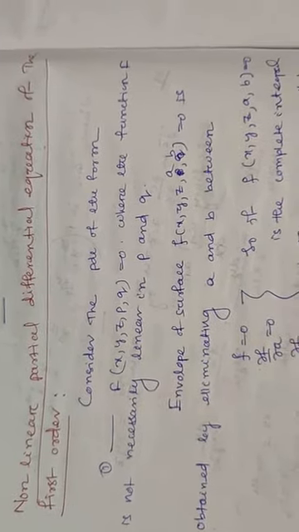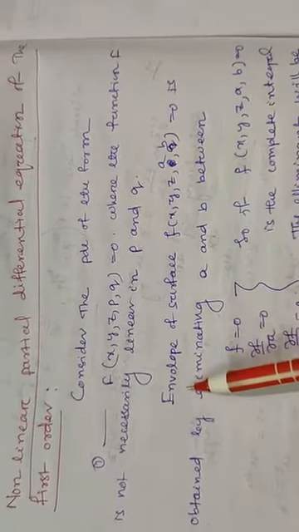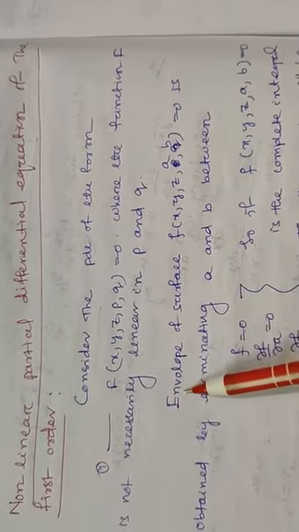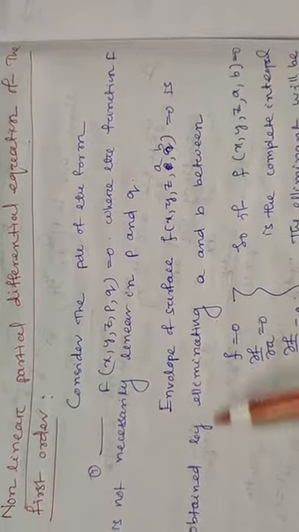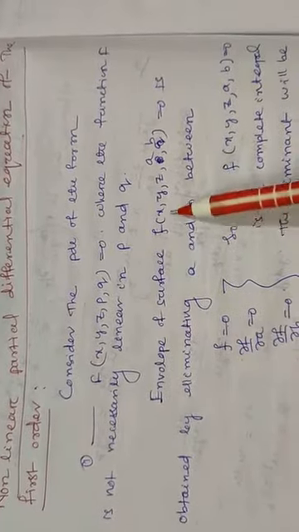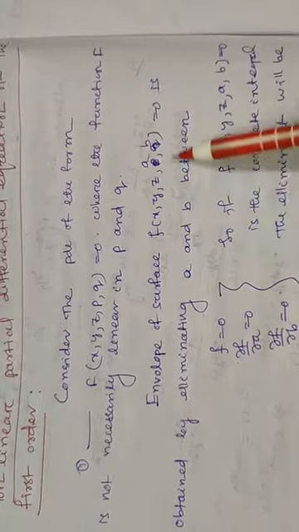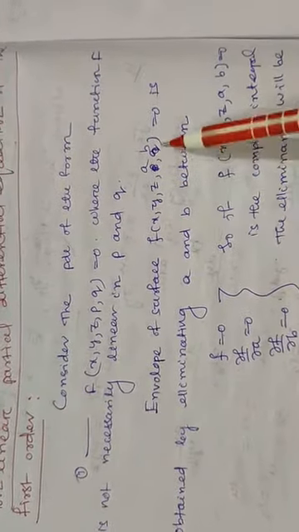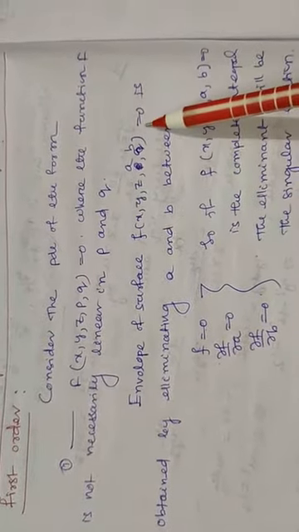Then the technique to solve this type of equation: the envelope of the surface f of x, y, z, a, b is equal to 0 is obtained by eliminating a and b between f is equal to 0, del f by del a is equal to 0, we take the partial derivative with respect to a, and del f by del b is equal to 0, take the partial derivative with respect to b.